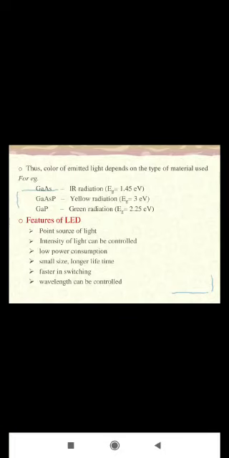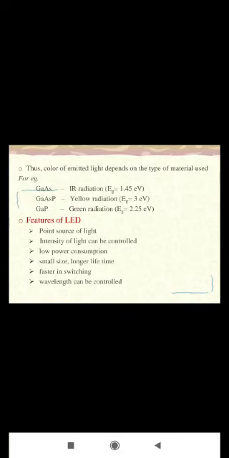If you take a gallium arsenide phosphide LED, the bandgap energy of the material is 3 electron volt, and as a result the emission will be in the yellow region. Whereas if you take a gallium phosphide LED, you will get green emission because of the bandgap energy value of 2.25 electron volt. So this clearly indicates that the color of emitted light depends on the type of material used for fabricating an LED.